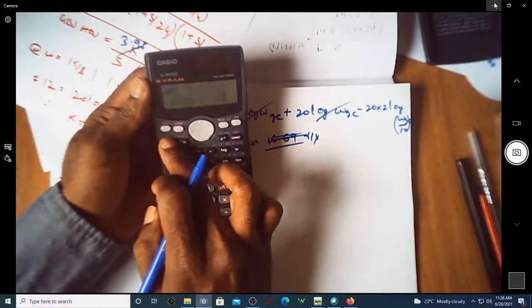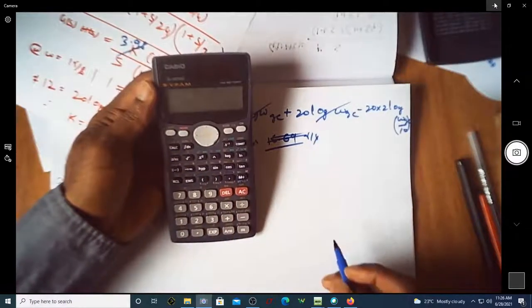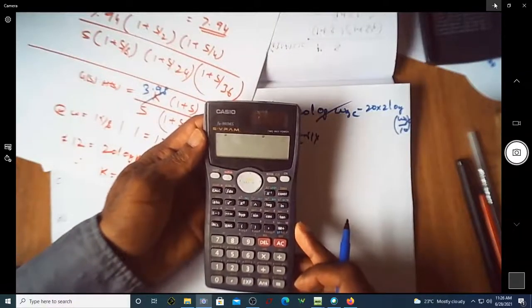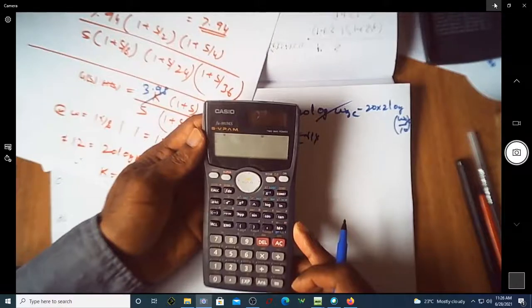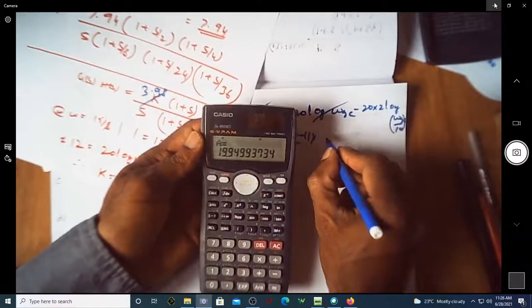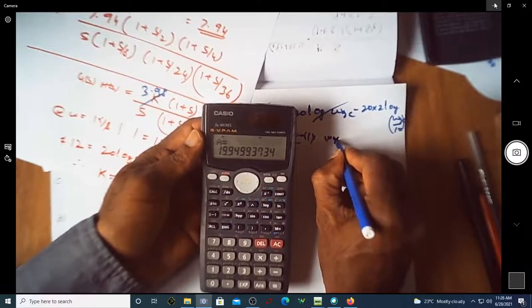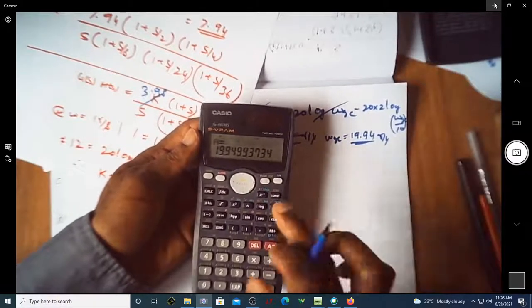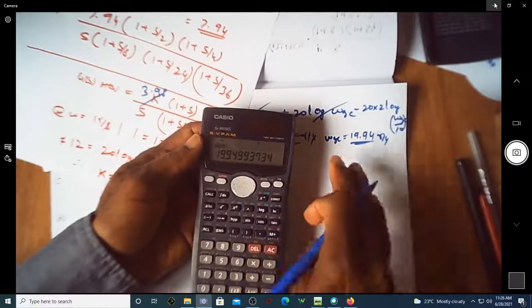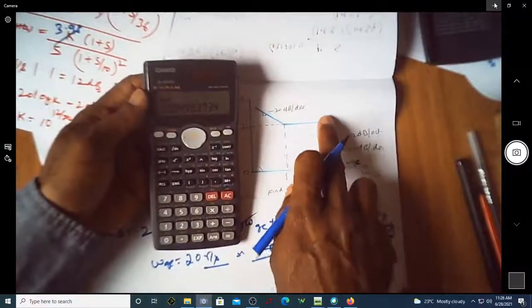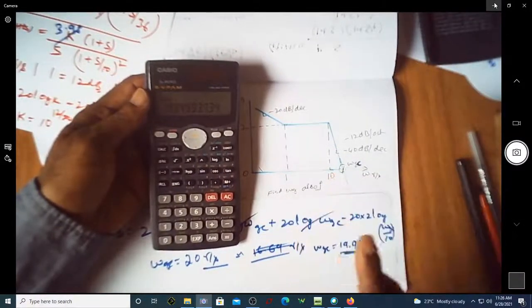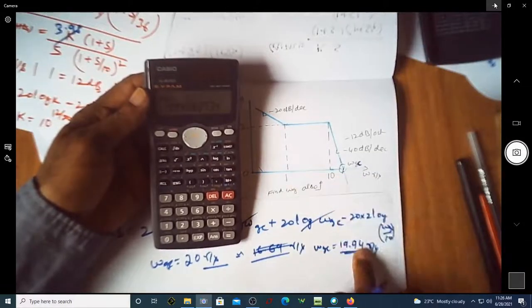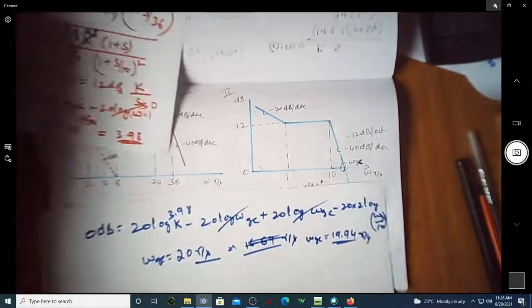Shift cal. I'm trying to find the value, you can see it is 19.994, so omega GC is 19.94 radian per second. Using calculation and using the graphical method also, it is 20 radian per second. Here it is 19.94, so both are the same.